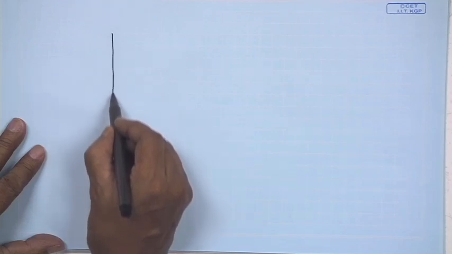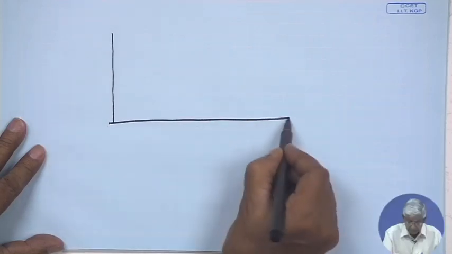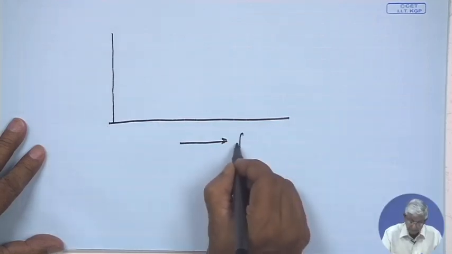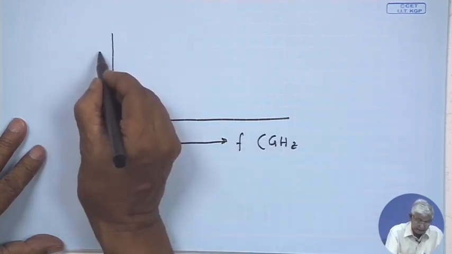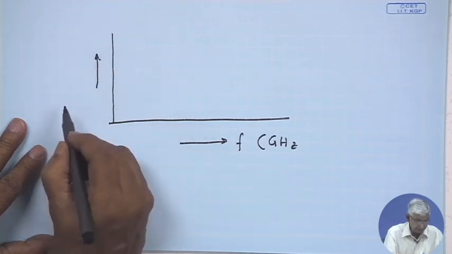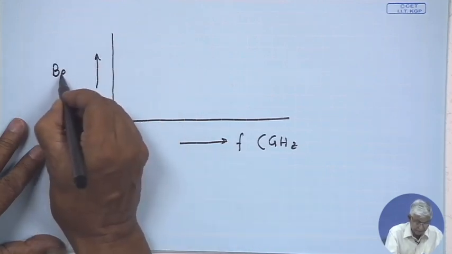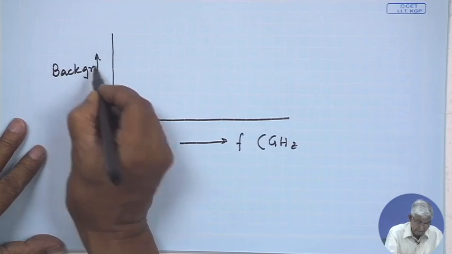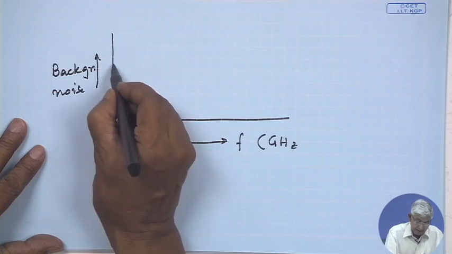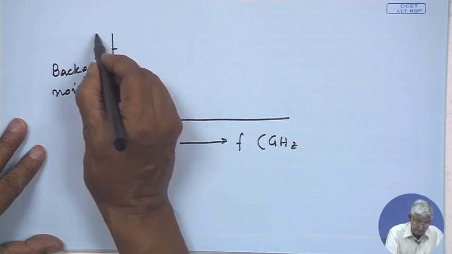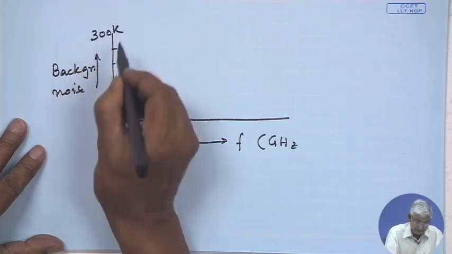Right. Now, the sky noise was experimentally measured, and it varies with elevation angle and the frequency in gigahertz. Let us call this the background noise, and let us say 300 K is here.